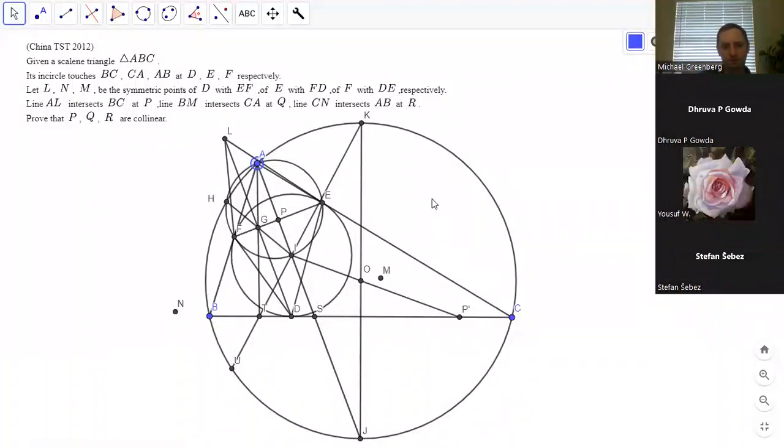I remember that T, G, and A collinearity is kind of well known, but I don't remember how to prove it. I think it's just a spiral similarity, because AFE is similar to KBC, and we want to show that G corresponds to T. Wait, why would we need G and T to be corresponding?